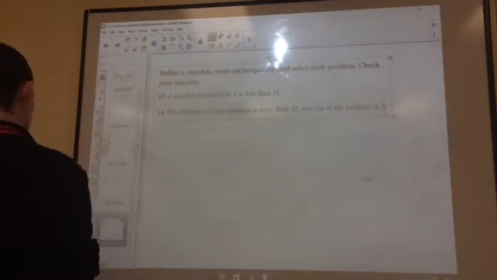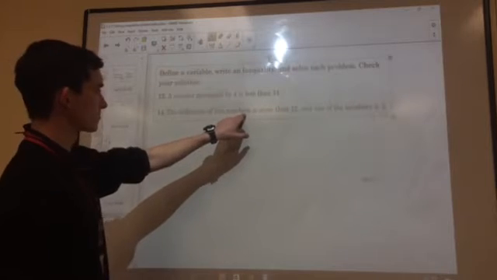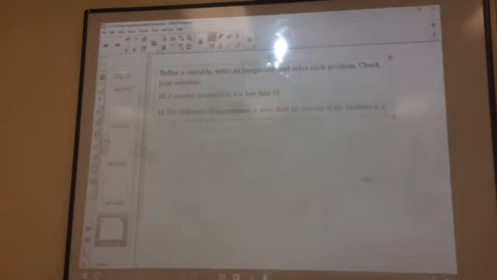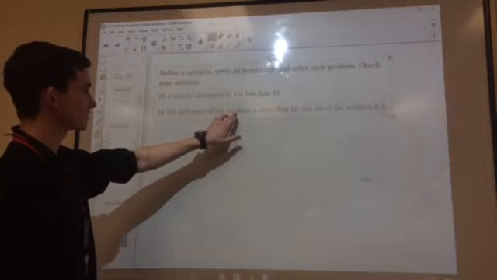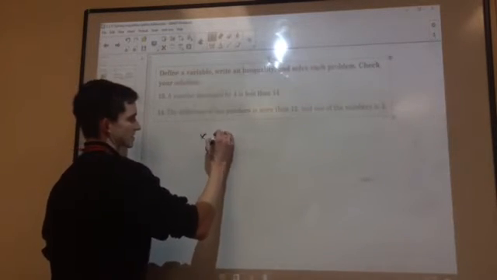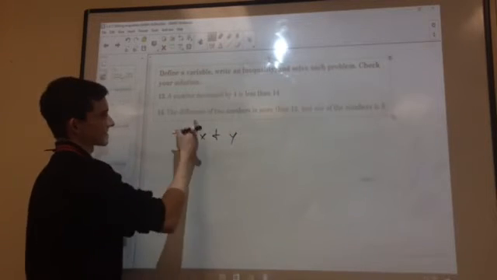Okay, so the difference of two numbers is more than 12, and one of the numbers is 13. You know what? I'm going to skip this one for now because it's talking about two numbers, so now you're going to get into two variables like x and y. It says the difference of two numbers.